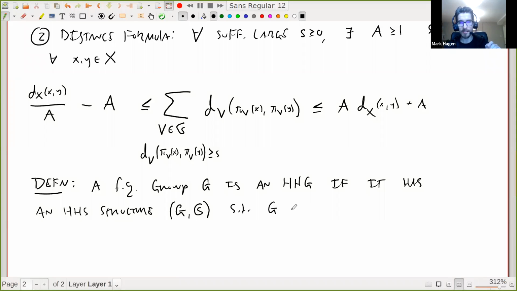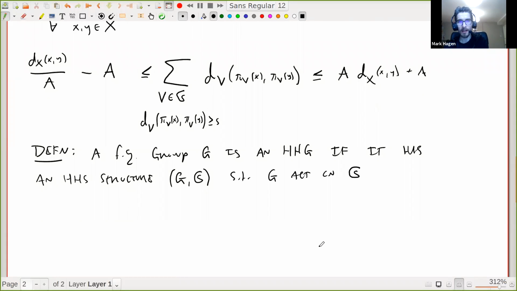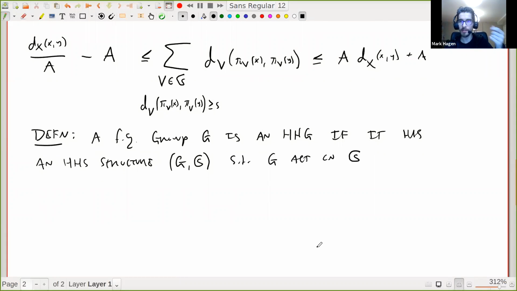And I want G to act on the HHS structure. So that means G is acting on the set of hyperbolic spaces, and that action preserves the relations of nesting and orthogonality and transversality. And I want each element of G to induce an isometry between the hyperbolic spaces.